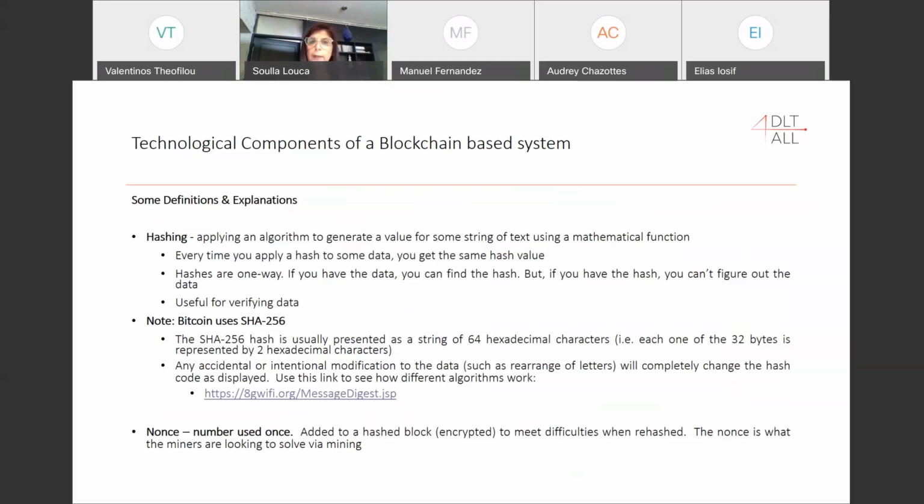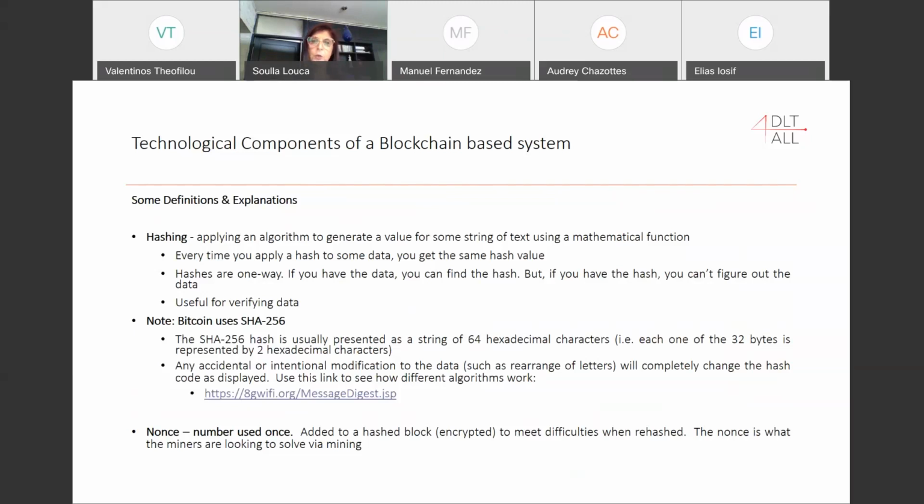Hashing is when we apply an algorithm to generate a value or some sort of string using a mathematical function. Every time you apply a hash to some data, provided, of course, it's exactly the same data, you're going to get the exact same hash value.